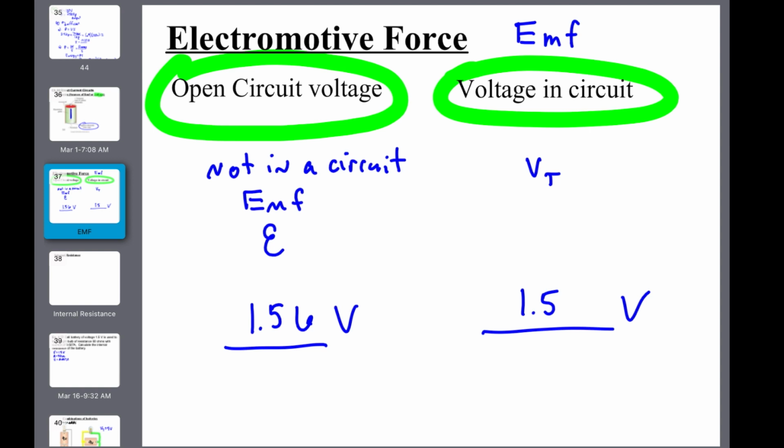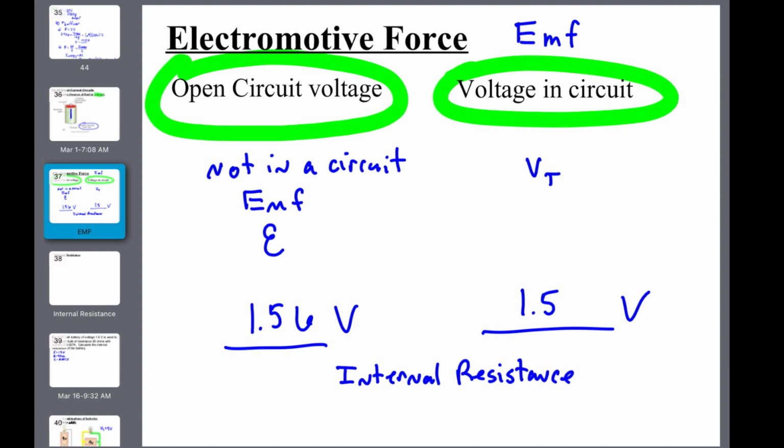So you actually have a higher voltage when the battery is not operating. This is due to something called internal resistance. In other words, a battery has chemicals. A battery has terminals, which are made of conductors.